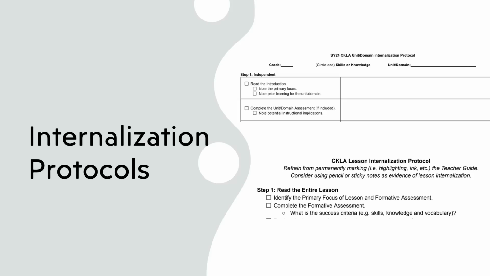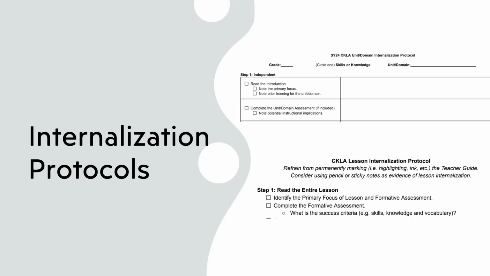What skills, concepts, or writing pieces align to the student IEP goals and objectives? What accommodations or modifications will be needed for the unit or domain assessment? How can pausing points be used for reteaching or pre-teaching the content, vocabulary, and skills students need to be successful in this unit?